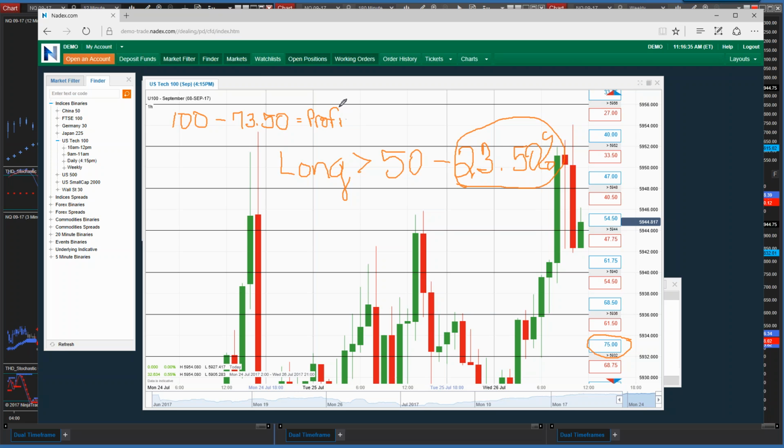Now, the one thing about this, and I encourage you just to take a day and watch the premiums, is that this premium is constantly changing based on what this current price bar is doing. Does everybody understand that? So it can actually go from 73.50 down to 50 if the price bar were suddenly to fall down to this point.